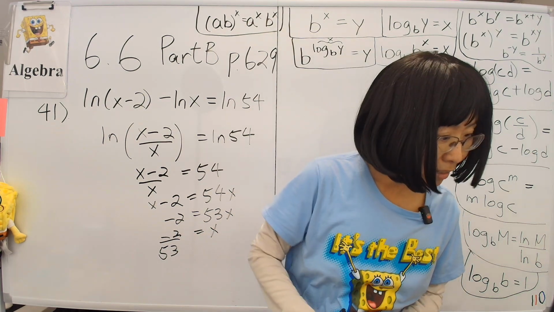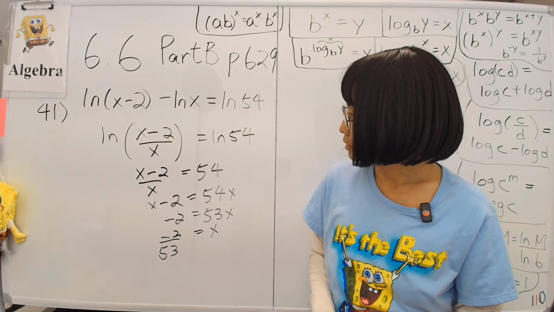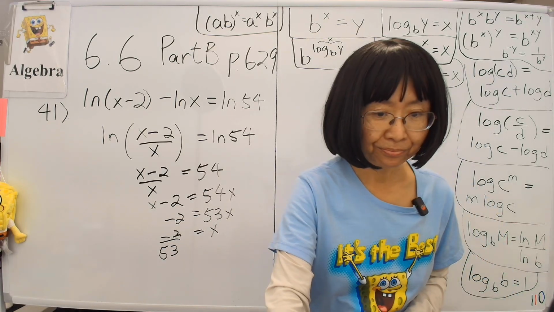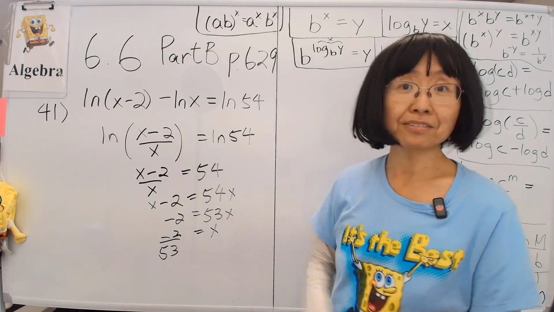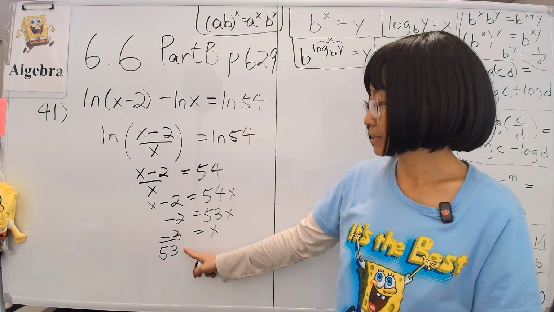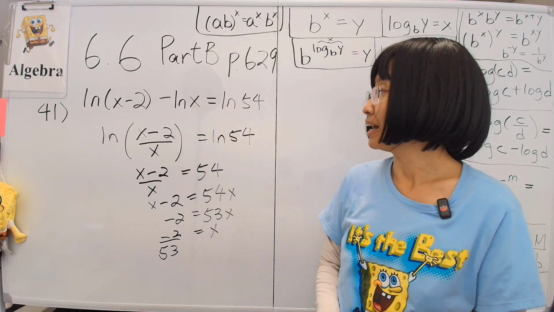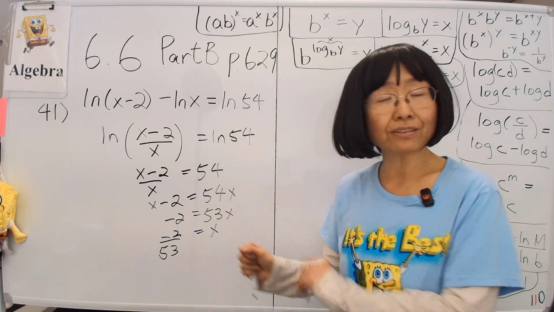Let me check. Problem 41: no solution. All right, let me think about this. The reason is that I haven't plugged this back in to see if it even works. If you plug in x as a negative number, it's going to crash, because the natural log, or any log, is not defined for negative numbers.